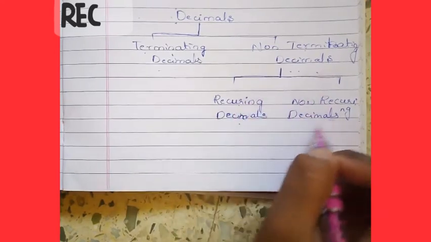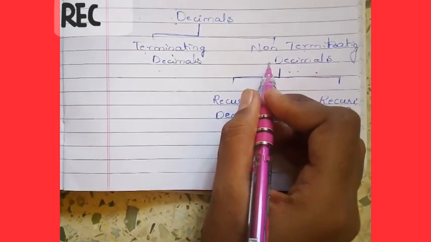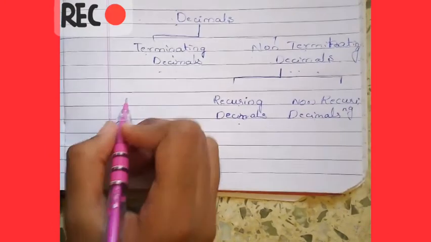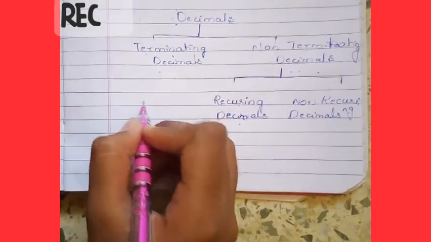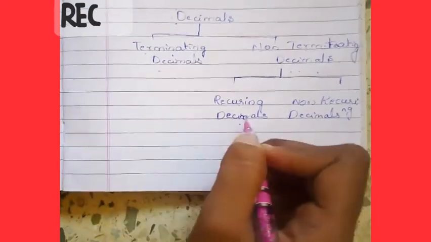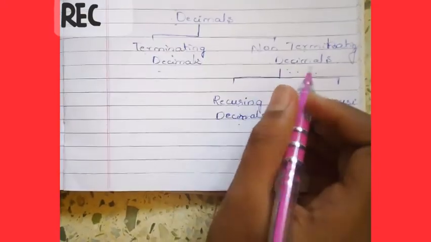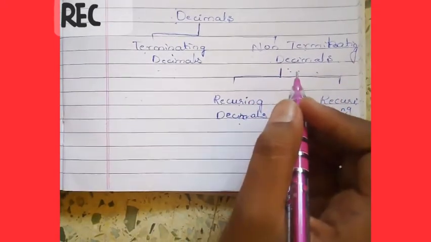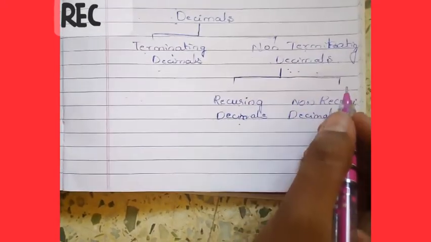In terminating there are finite numbers, but in non-terminating there are infinite, and there are types in infinities.